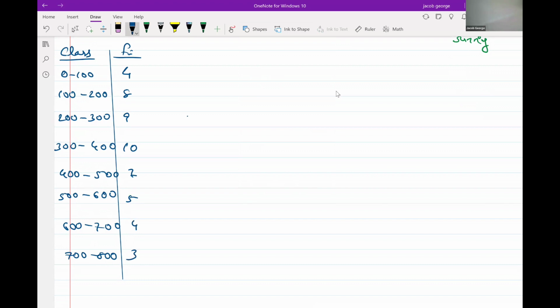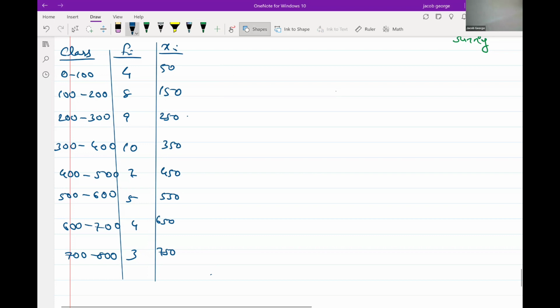Then we write xi, the middle value of each class: 50, 150, 250, 350, 450, 550, 650, and 750.